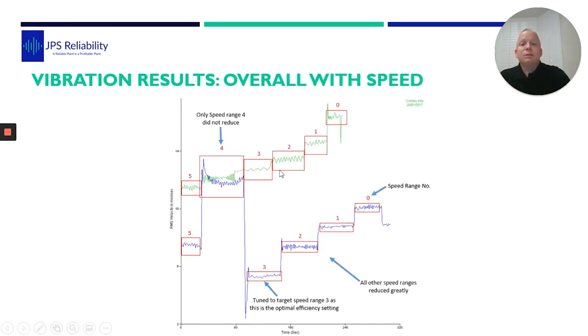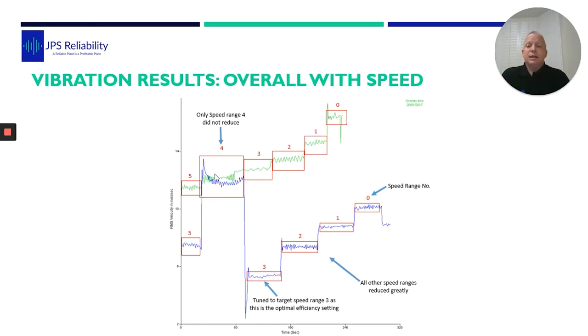Now, what we've done here is this is a plot of the speed, set point 5 to 0. Green was before the dampers were fitted, and blue was after. We designed it to tune it with speed set point 3, and it worked perfectly. Number 3 was the lowest.